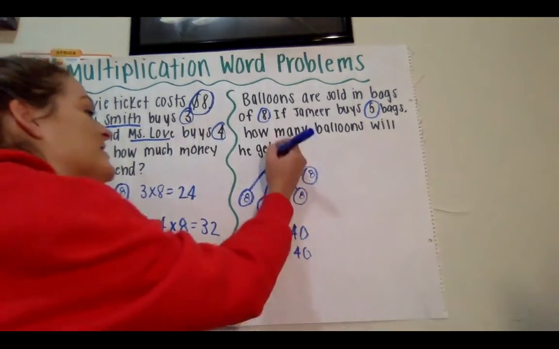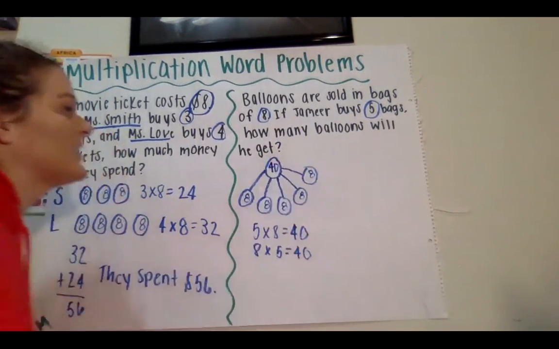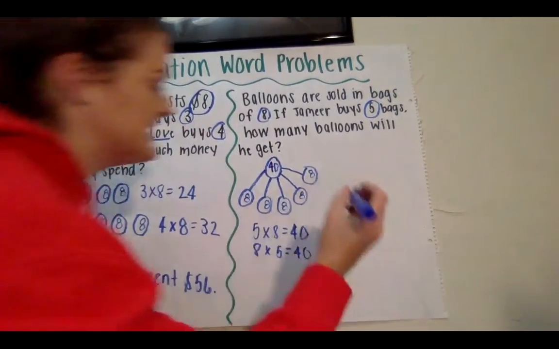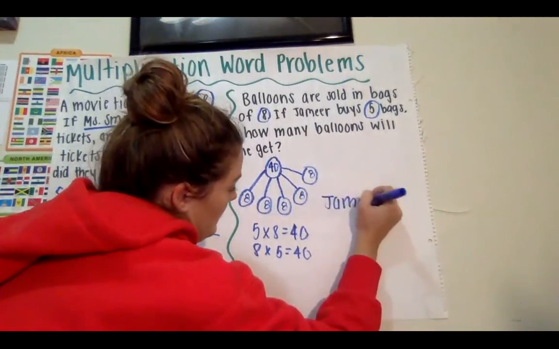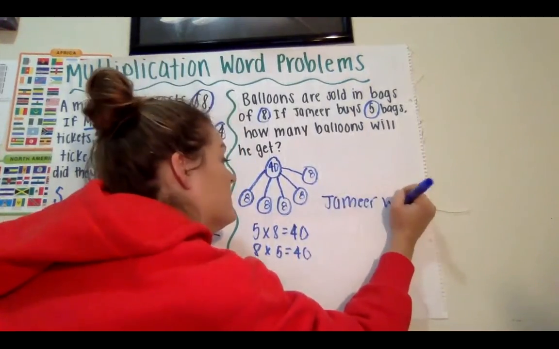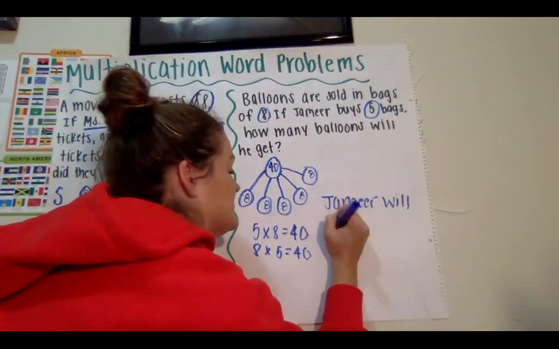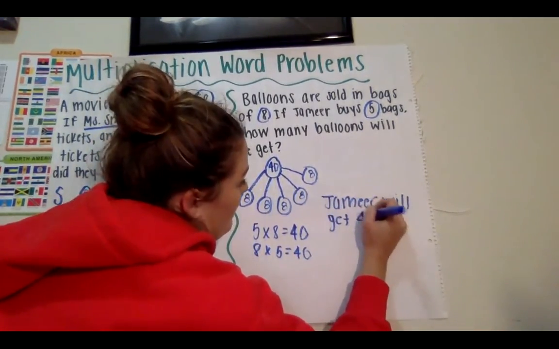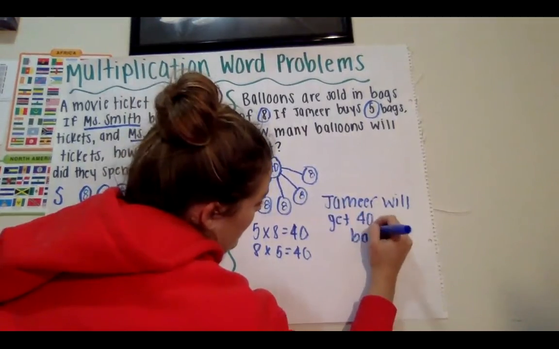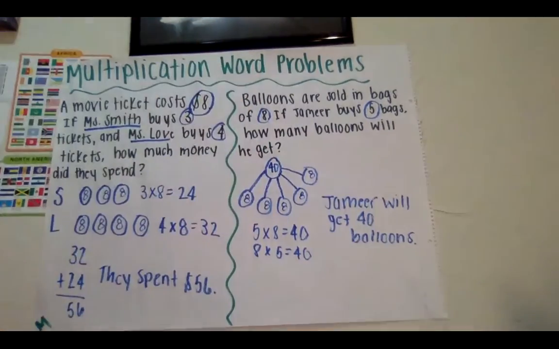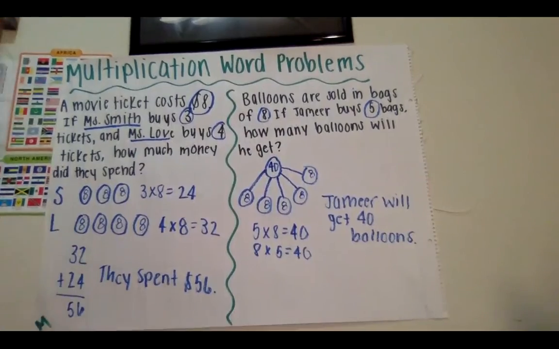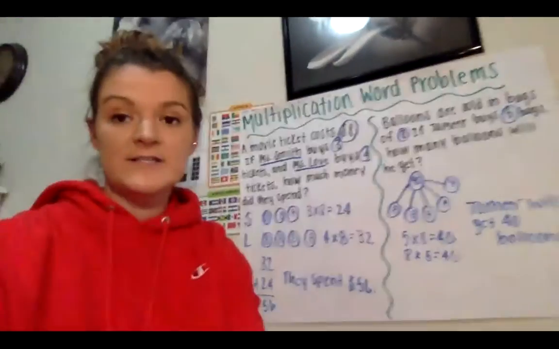Hopefully you're thinking the commutative property. So let's write our sentence. Jameer will get 40 balloons. Just like that.